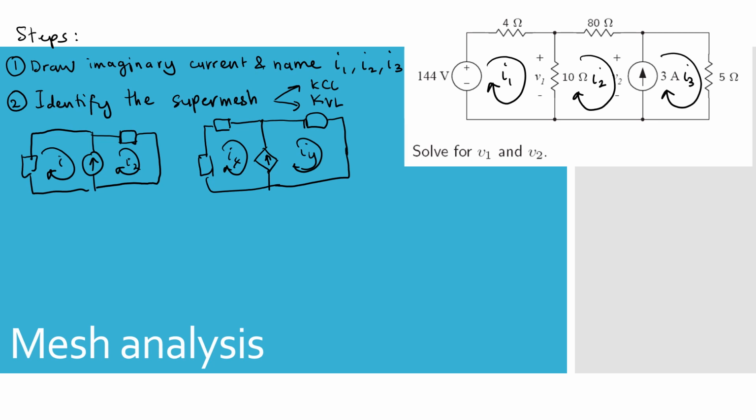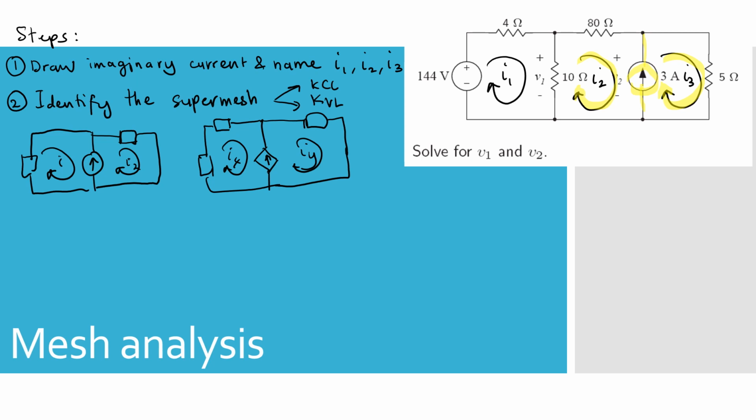For our example on the right side here, maybe you can figure out where the supermesh is, if it exists. If you look at the current source here, this current source is in between two closed loops.